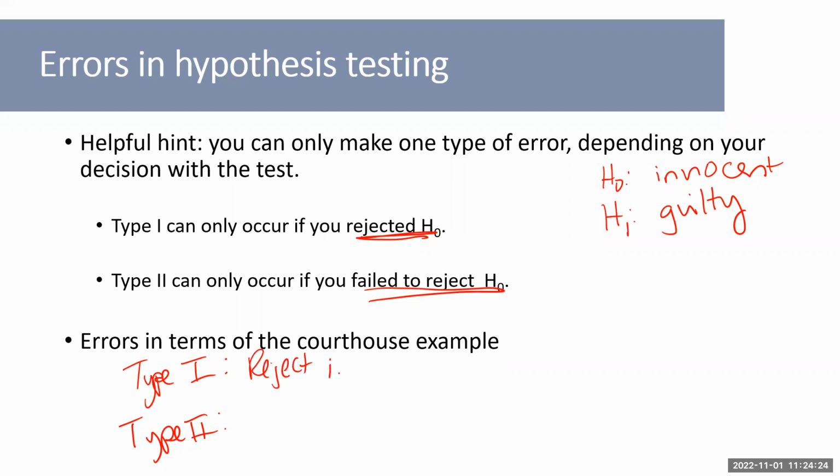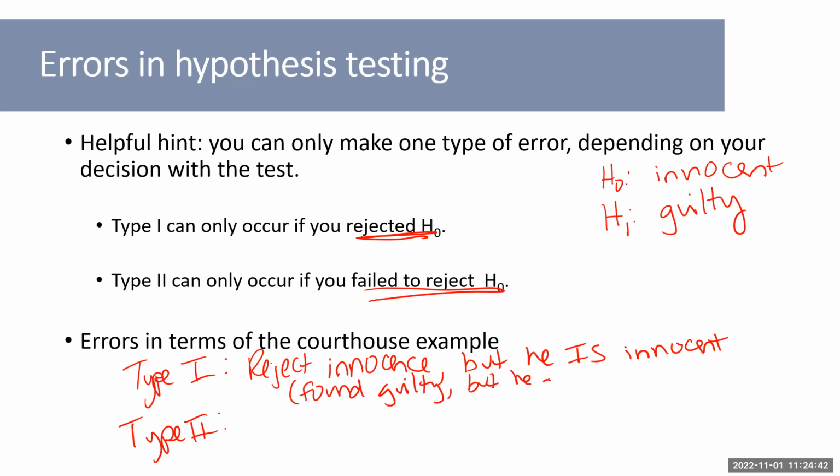So we're going to reject innocence, but he is innocent. Okay, in typical lingo, he's going to be found guilty. But he didn't do it. Okay, type 2 error means we failed to reject, okay? So we're going to fail to reject innocence. But actually, he was guilty.